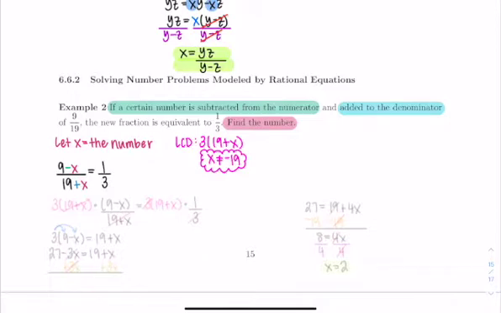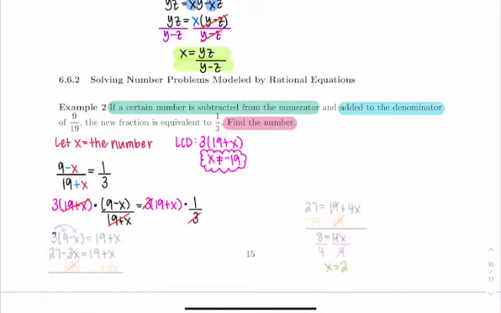So we're going to multiply both sides by 3 times 19 plus x. And so when we cross multiply, this is going to simplify a lot. The 19 plus x cancels, and the 3 cancels.